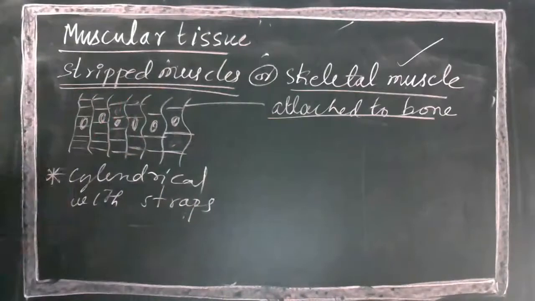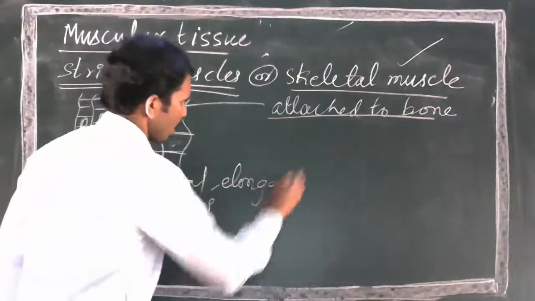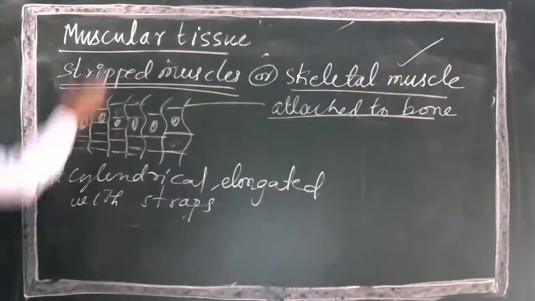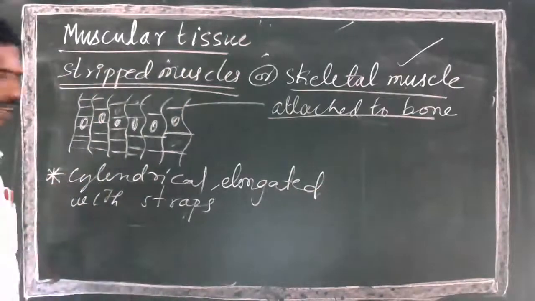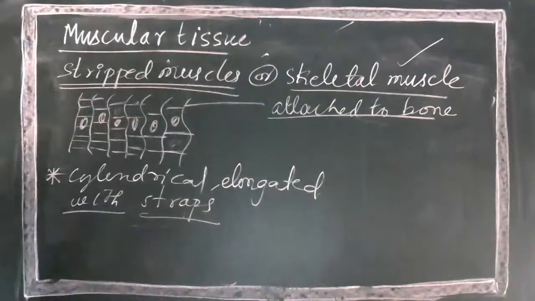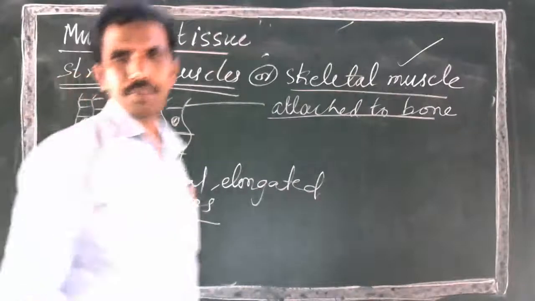Cylindrical, we can call it elongated also. They are long, elongated, cylinder type, with the straps. So this is about the striped muscles.